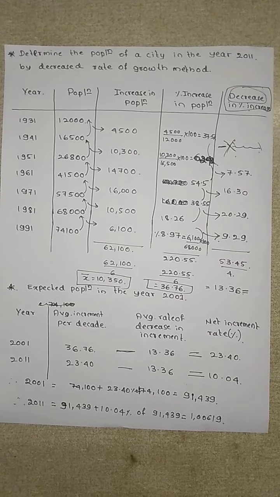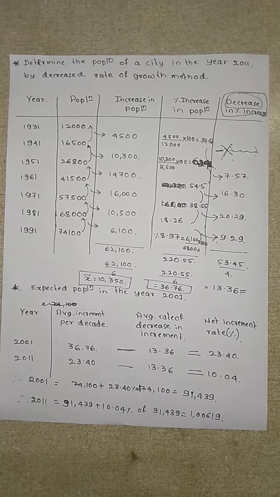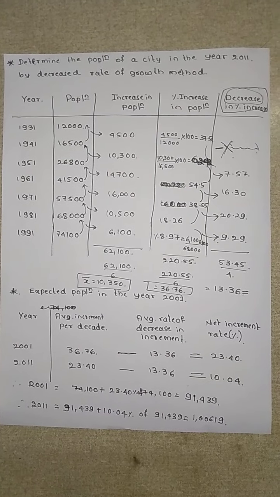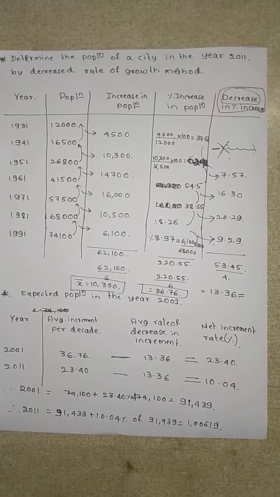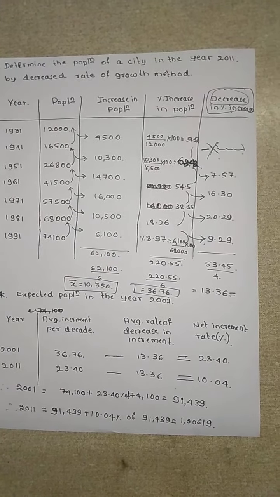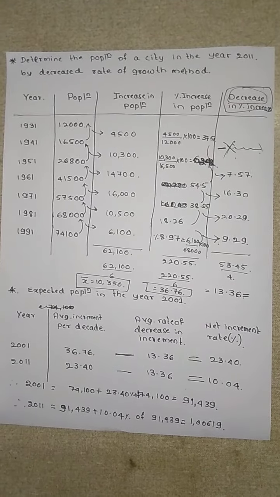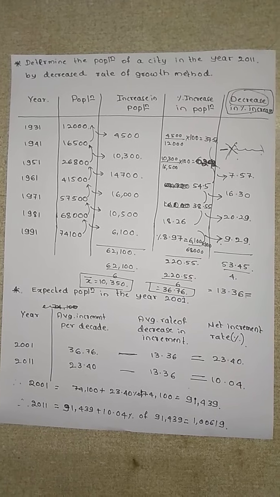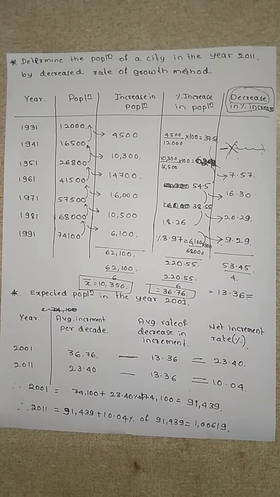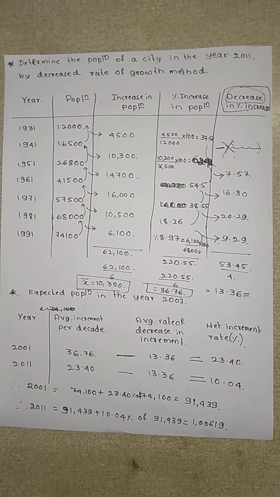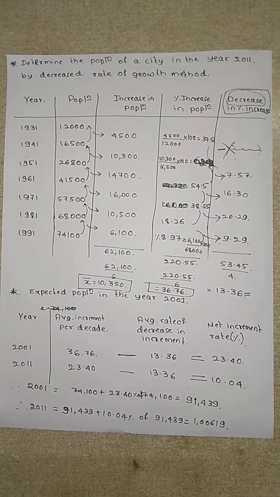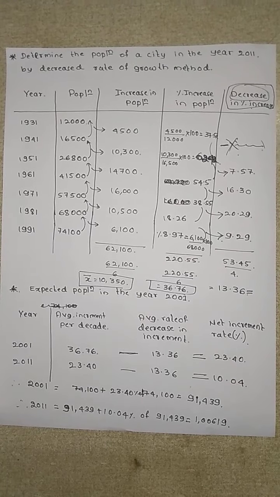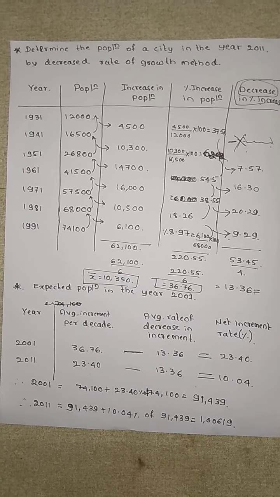Now in your examination there is a chance of having all of these in the same question. They may give you one particular problem and ask you to solve it by arithmetic increase method, percentage increase method or geometric increase method in a single problem. How to solve all these different methods in a single problem, we will see in the next class.